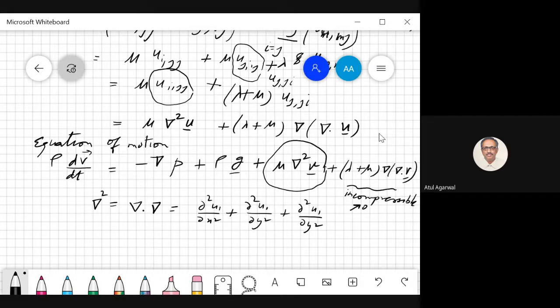So this is the first term. When you expand del square v, second term is, similarly you have the third term.